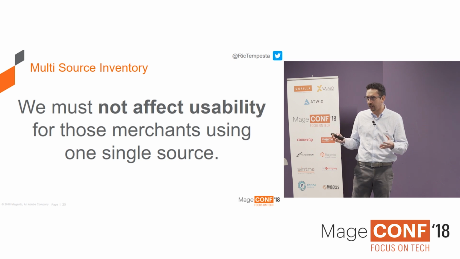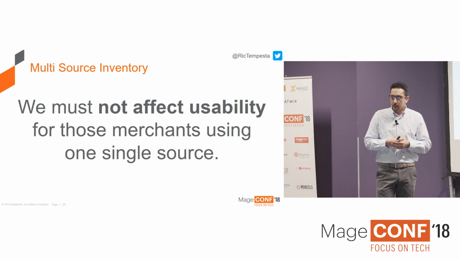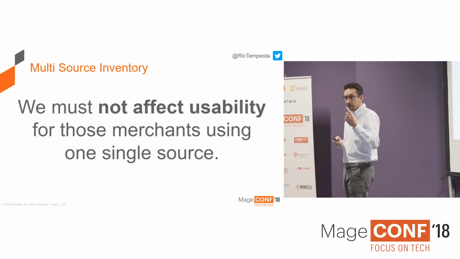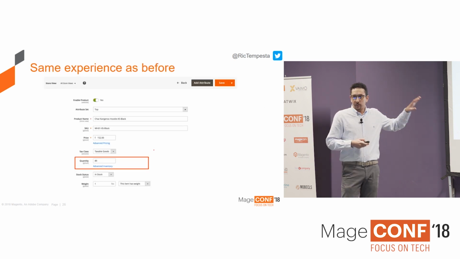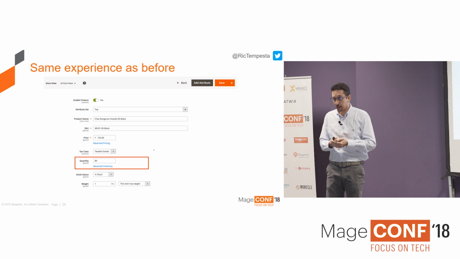It's a new way of thinking about the inventory. So basically, it will eventually replace the current Magento implementation, so you will be able to use it as a single source. So we didn't want to affect the usability. If you're using it in single source mode, you will have the old way of inputting the quantity.